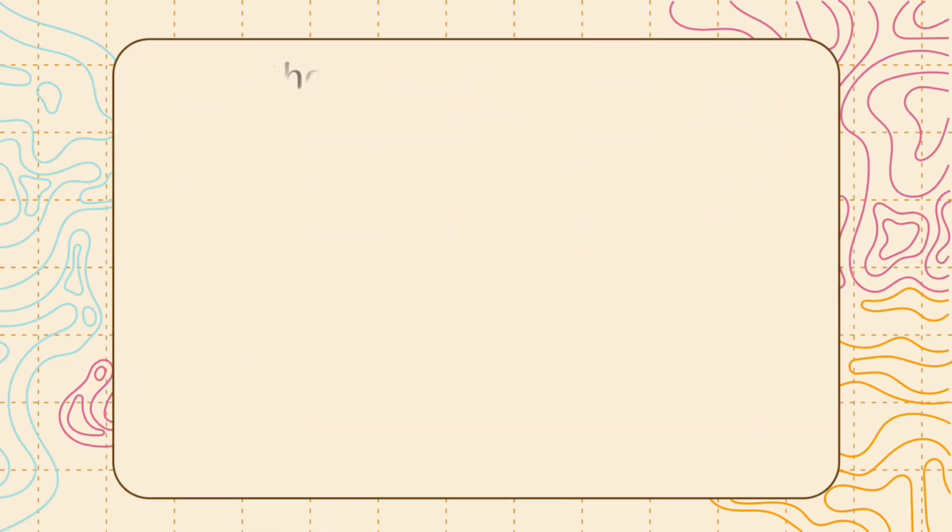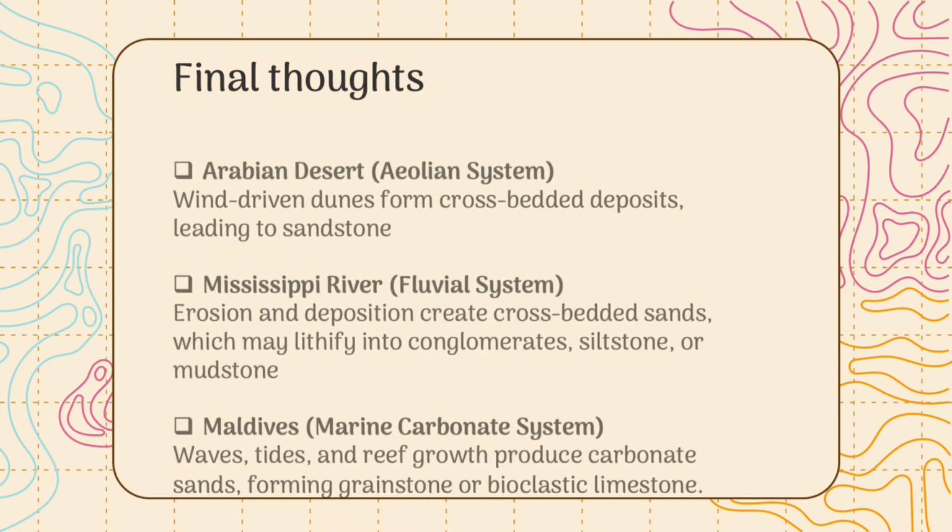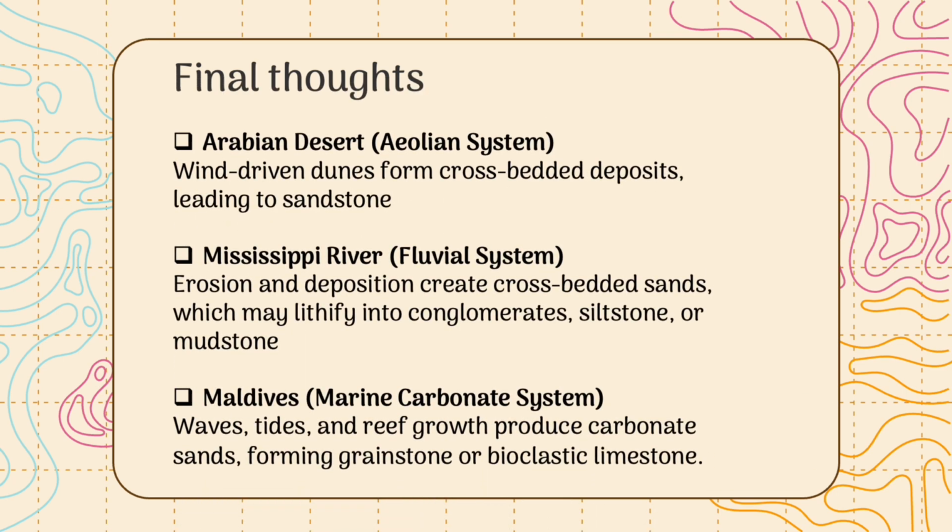So, what do these three places have in common? They are all shaped by natural processes, whether it's the movement of wind, water, or ocean currents. For the Arabian Desert, wind-driven dunes form cross-bedded deposits leading to sandstone. For the Mississippi River, erosion and deposition create cross-bedded sands, which may lithify into conglomerates, siltstone, or mudstone.